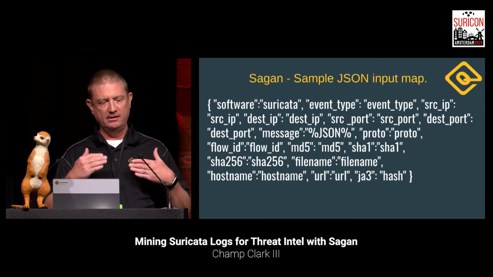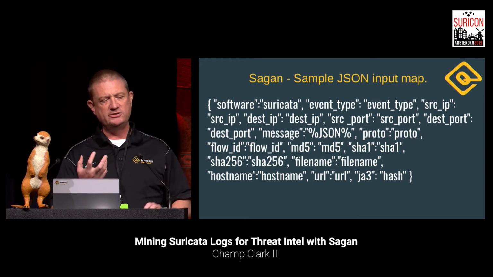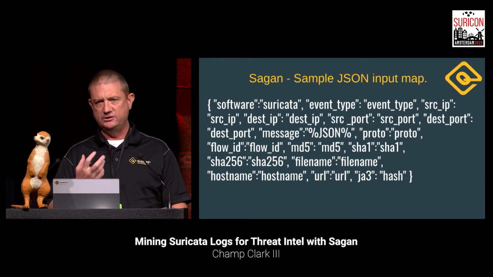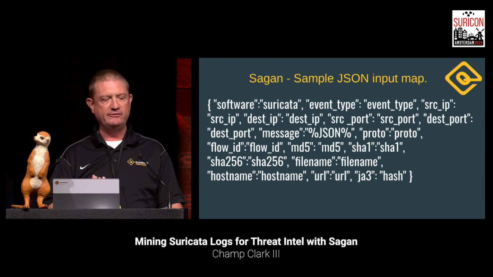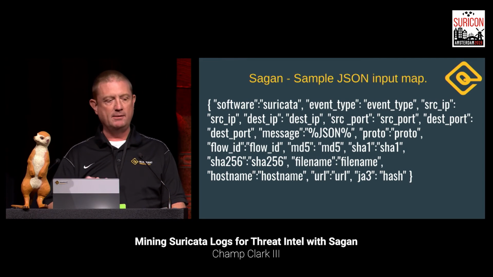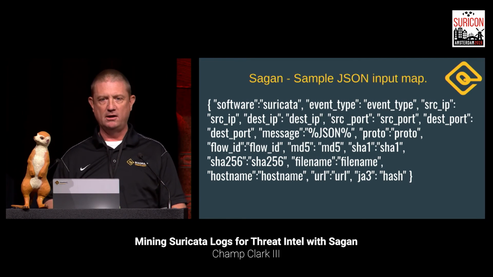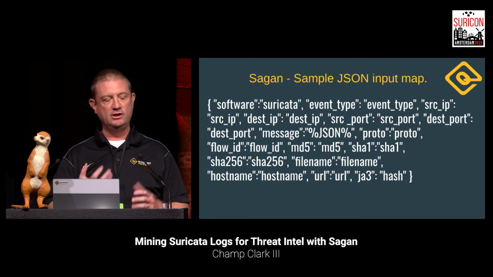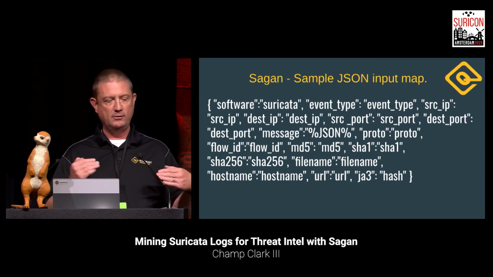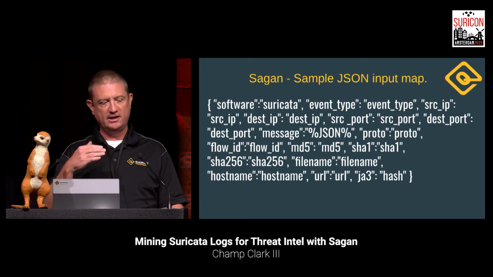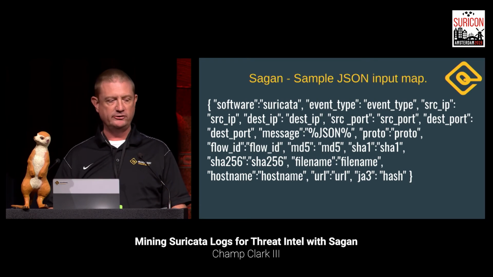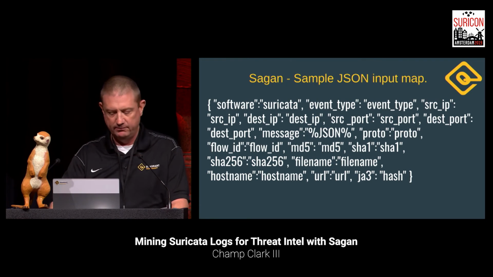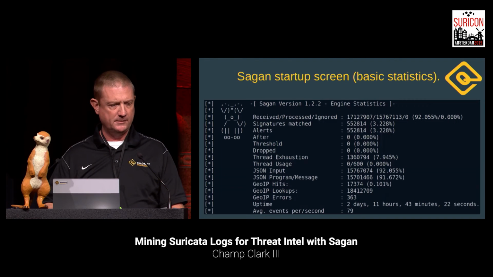You could build a mapping syntax for it. So that Sagan, whenever it sees the mapping for the JSON, knows what it is, that while Suricata might call it MD5, some other device might call it MD5 sum, so that you can give it a 1-to-1 ratio. And the idea is it creates like an internal scoring and picks the best score. So in this particular case, it would probably hit most every single time.